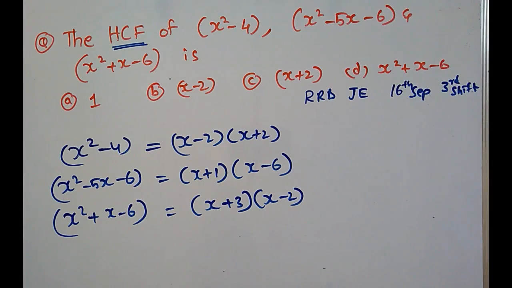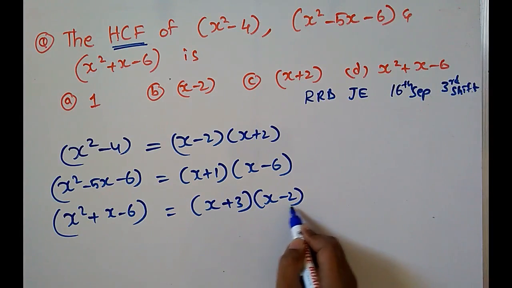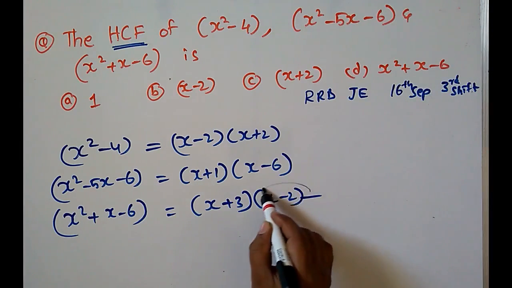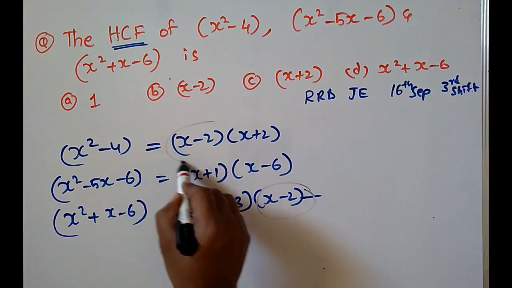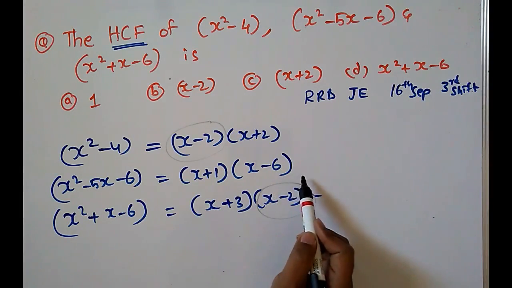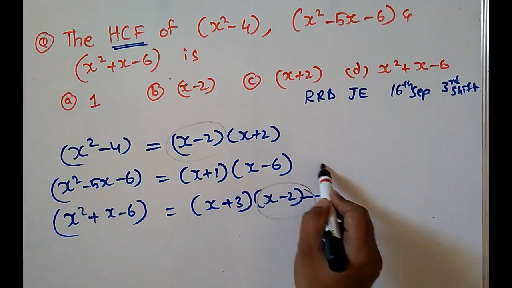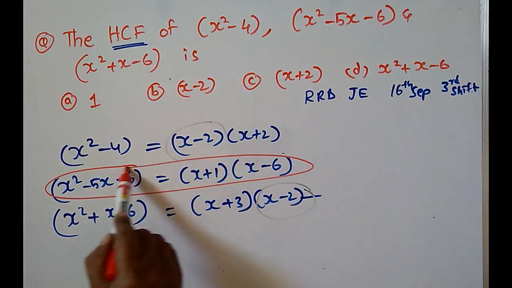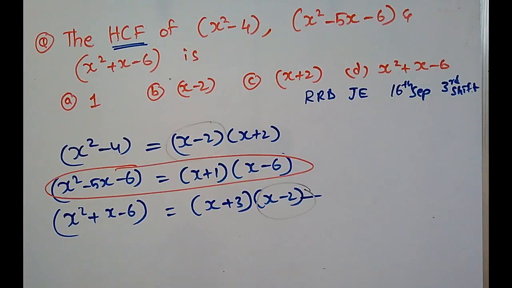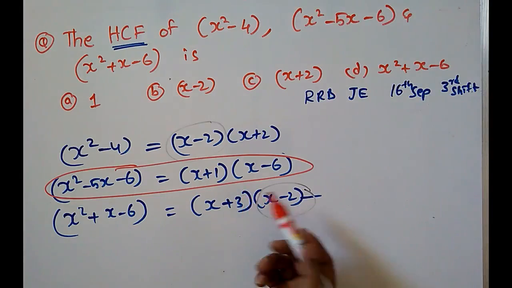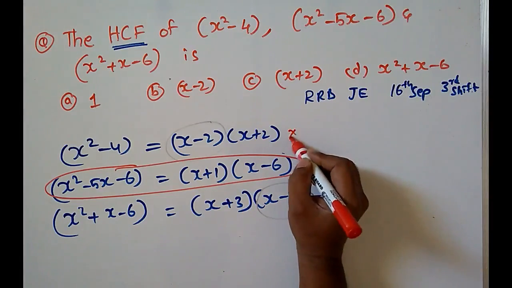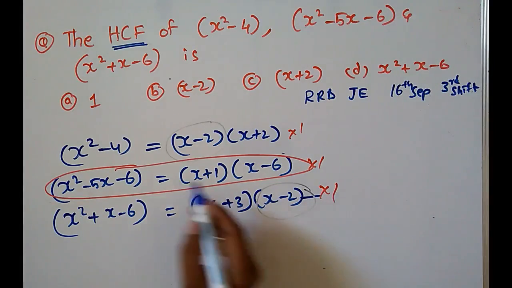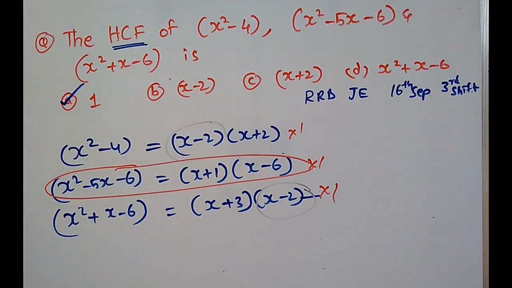So is there any common factor, friends? In this we have x minus 2, here we have x minus 2, and here we have x minus 2, but there is no common factor in the second term. Am I right, friends? There is no common factor from the second polynomial. So if there is no common factor, 1 is the common factor in all the polynomials. So 1 is the answer.